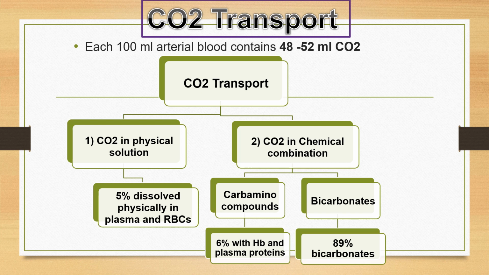Around 5% of this amount is carried physically dissolved in plasma. Also in chemical combination, we have two forms: either carbamino binding to protein or in the form of bicarbonate. Carbamino is around 6% of the remaining amount, and around 89% is carried as bicarbonate.